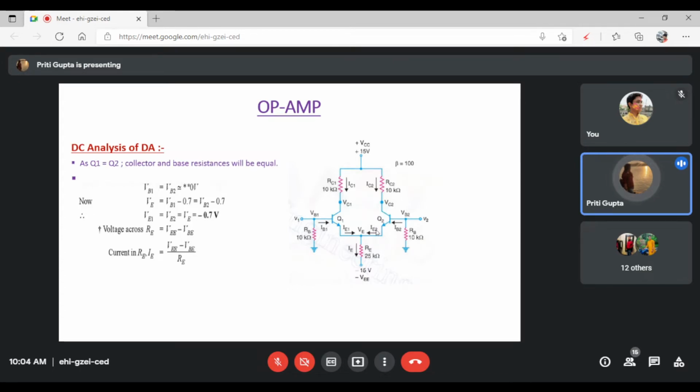Or you can write V of RE is equal to VEE minus V of BE minus V of RB. Now from the figure you can see RB is grounded. So put 0 in place of V of RB, with eyes closed. And you will get V of RE is equal to VEE minus V of BE. Keep that inside a box.